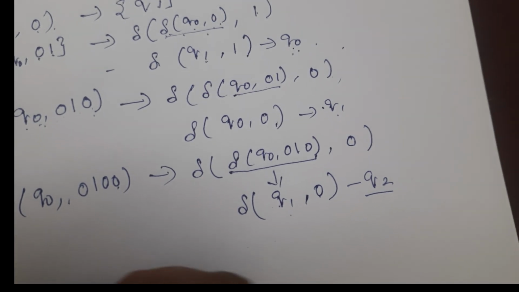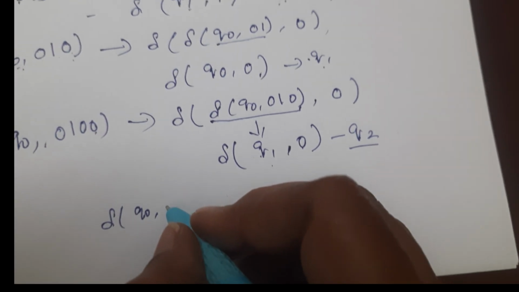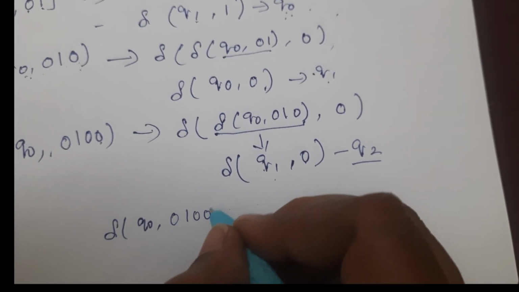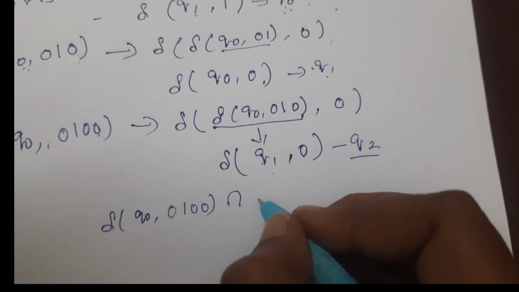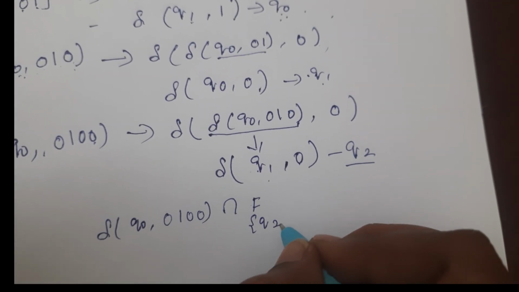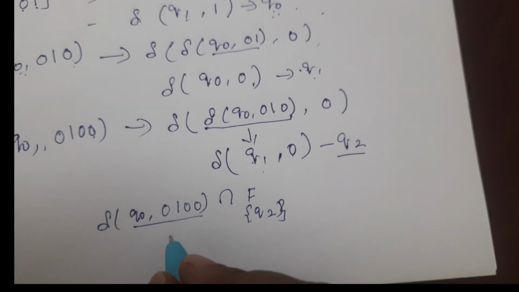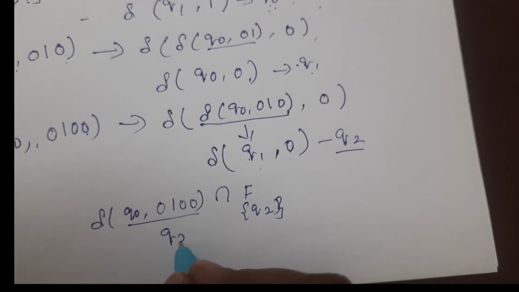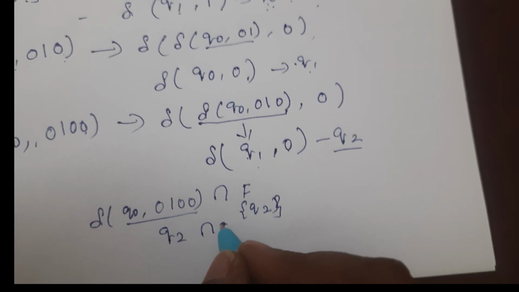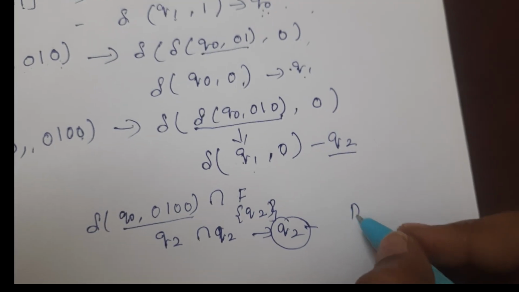Now check del of q naught comma 0 1 0 0 intersect F. What is your F? It is q2. When you make this intersection, the output is nothing but q2. q2 intersection q2 becomes q2, which is the accepting state.